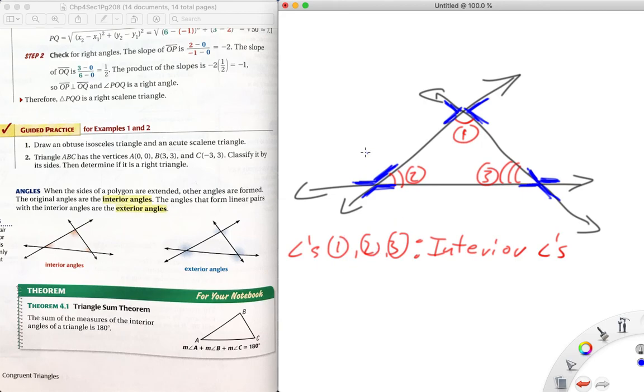And these angles, we can say 1, 2, 3, 4, 5, 6, 7, 8, and 9.